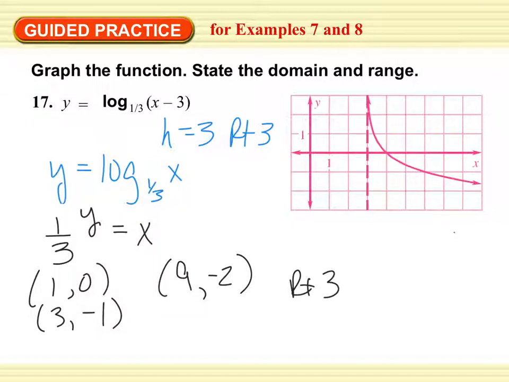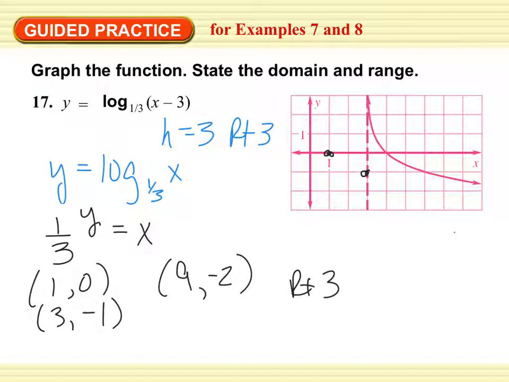So let's graph it first. 0, 1. Haha, 1, 0. Oh my goodness. Over 1 up 0. Over 3 down 1. 1, 2, 3 down 1. And then I don't think I can do the 9. 1, 2, 3, 4, 5, 6, 7. Oops. 1, 2, 3, 4, 5, 6, 7, 8, 9.